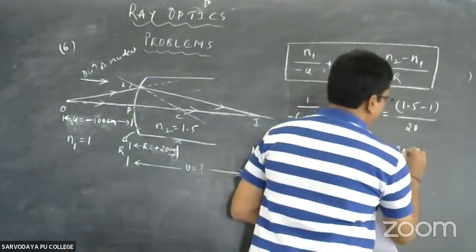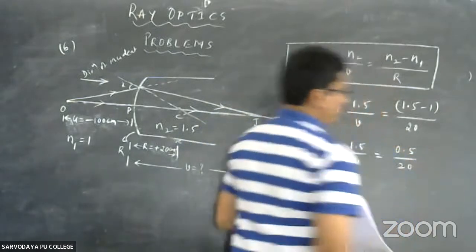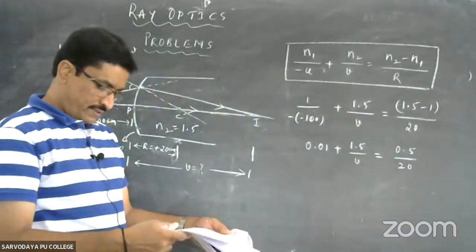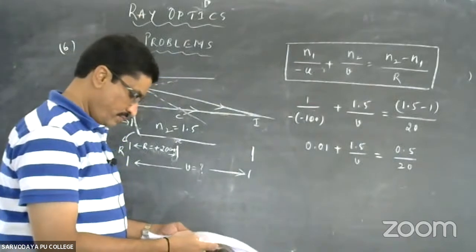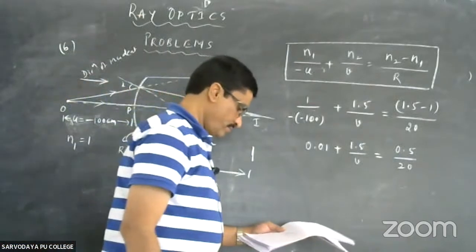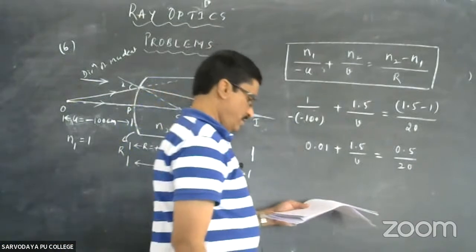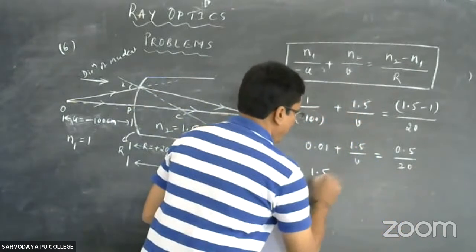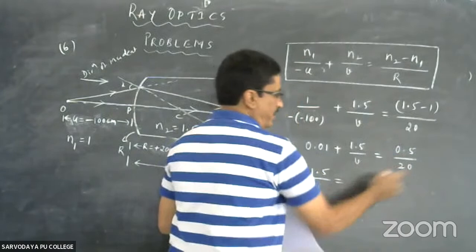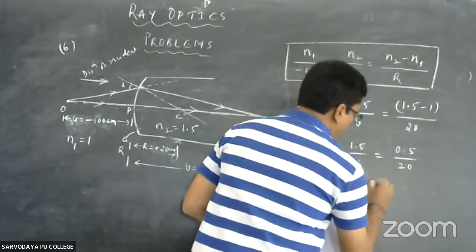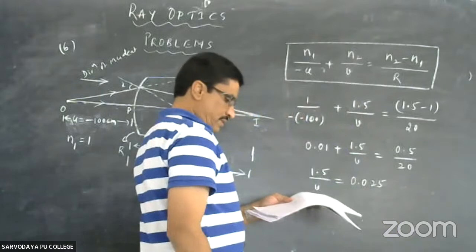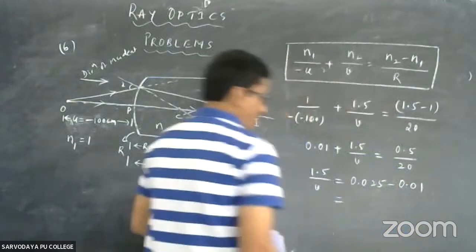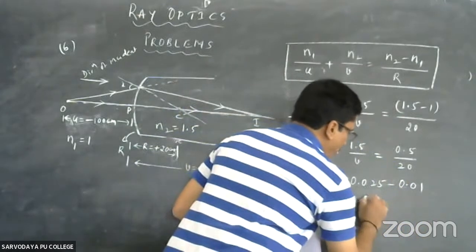This is 0.5 divided by 20. Let us simplify. So 1.5 by v becomes equal to 0.5 by 20, which is 0.025, minus 0.01. So this works out to be 0.015.